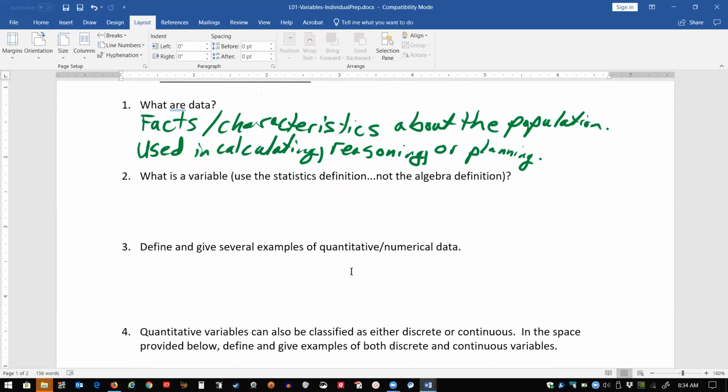So this variable is going to be, again, our characteristic of interest about our target population.